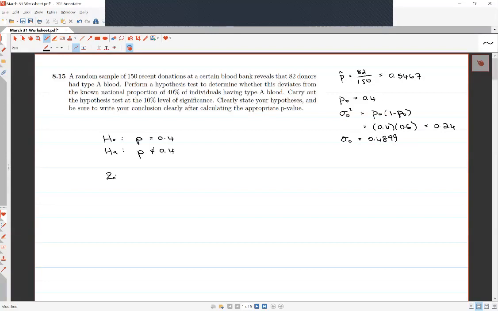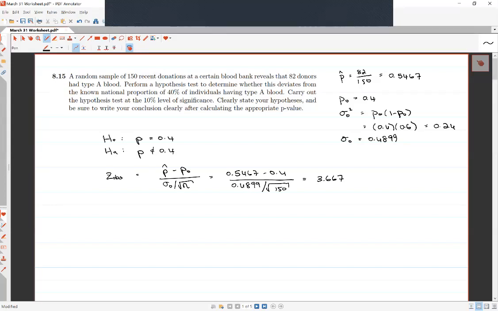Now we can calculate our Z observed statistic, which is p hat minus p naught over sigma naught over square root of n. So just subbing in all these values that I've already calculated, and if you punch all of this into your calculator, you should get a test statistic of 3.667.